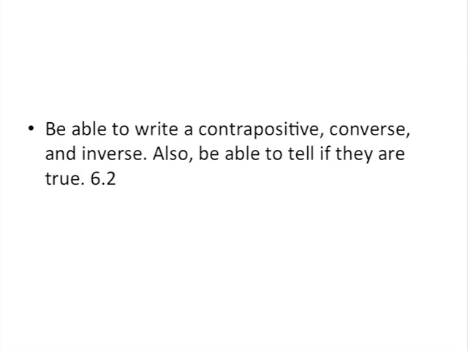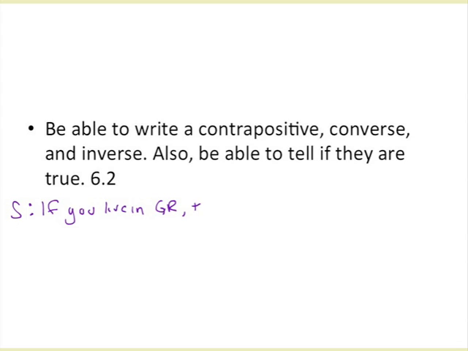So the first thing you should be able to do for the test is to write a contrapositive, a converse, and an inverse, and then decide if those things are true or false, as well as an original statement being true or false. So, for example, let's say our statement is, if you live in Grand Rapids, then you live in Michigan.